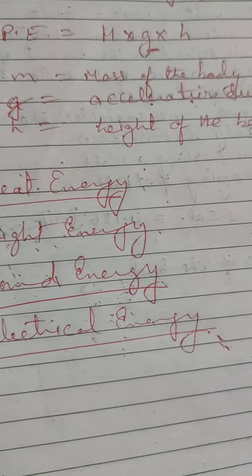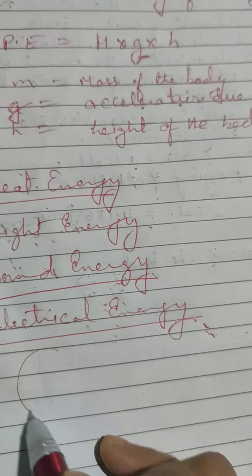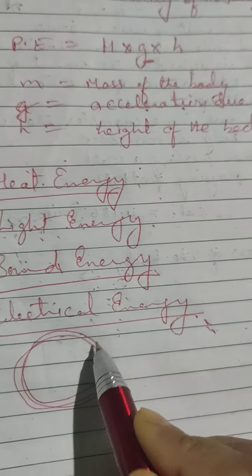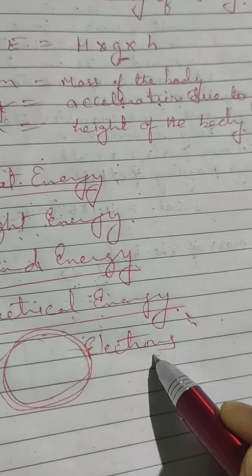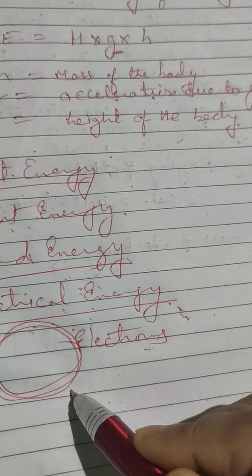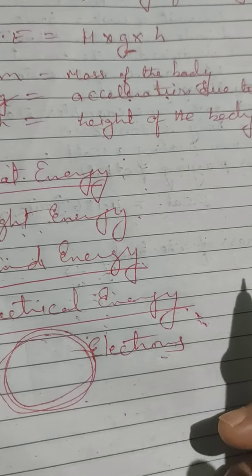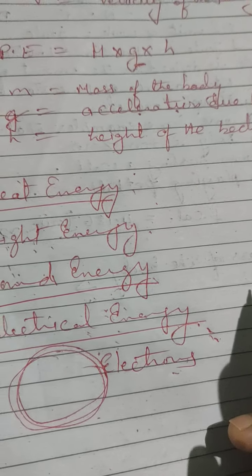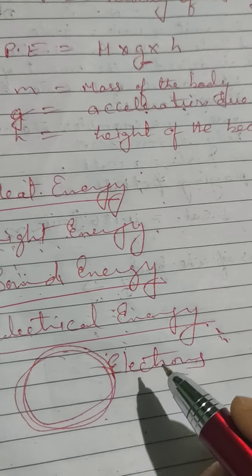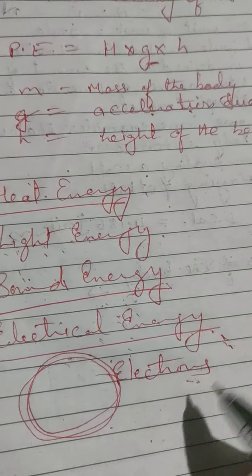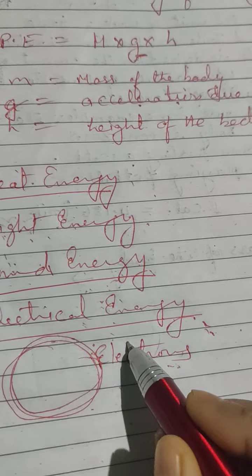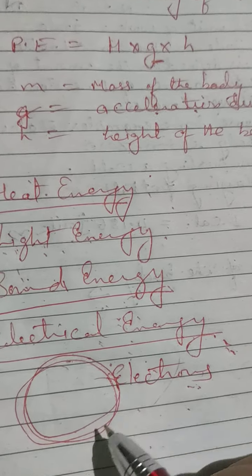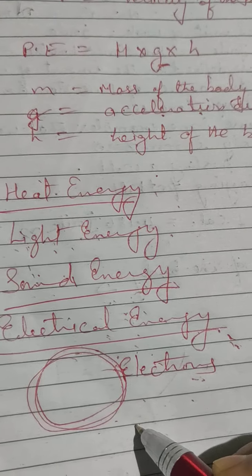The energy produced by the flow of electric charges, that is known as electrons, through a conductor is known as electrical energy. Conductor means the substance which allows the electricity to pass through it.